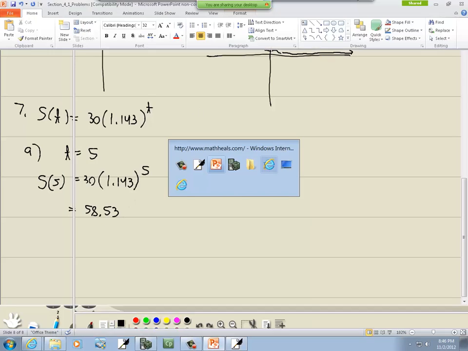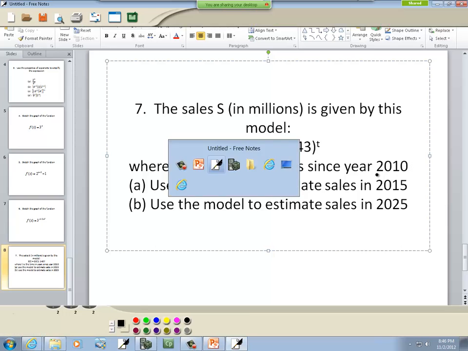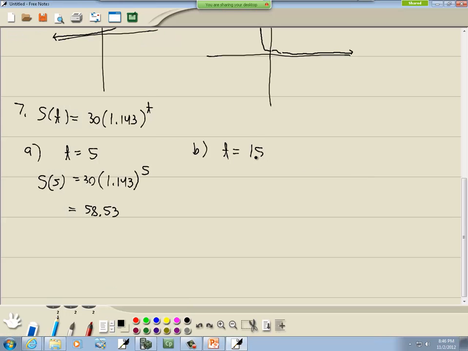Now on B, it says use the model to estimate sales in 2025. Well, if I take 2025 minus 2010, 15 years have passed. And so we'll plug in S of 15 equals 30 times 1.143 to the 15th power.